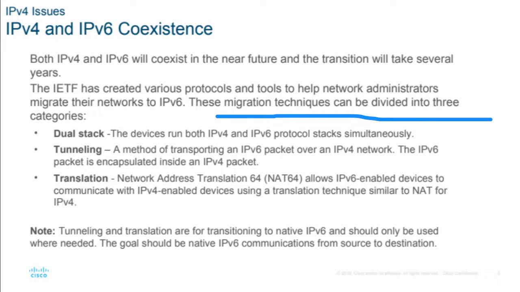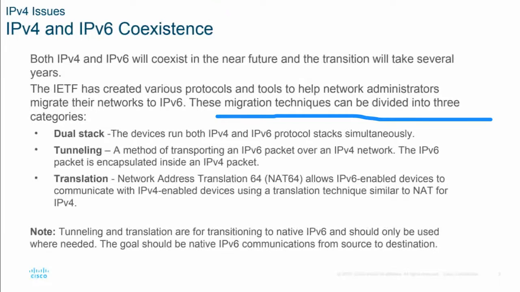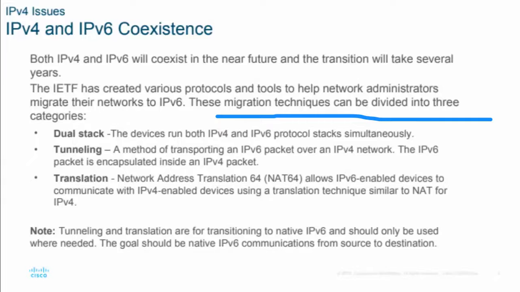Here we use NAT64. It allows IP version 6 enabled devices to communicate with IP version 4 enabled devices using a translation technique similar to NAT for IP version 4. Now, tunneling and translation are for transitioning to native IP version 6, and they are only used when needed. The ultimate goal is to have IP version 6 everywhere.